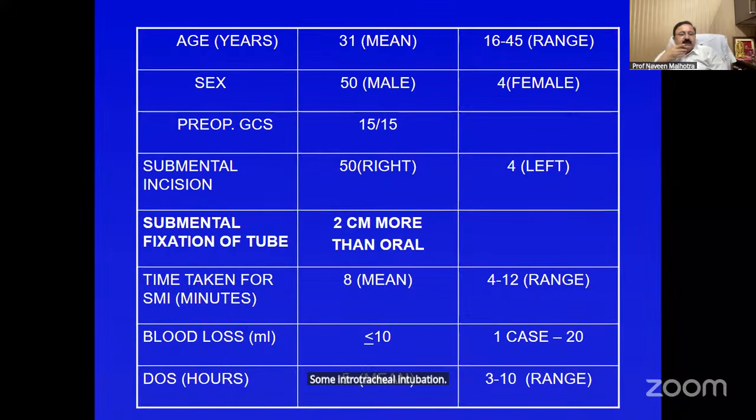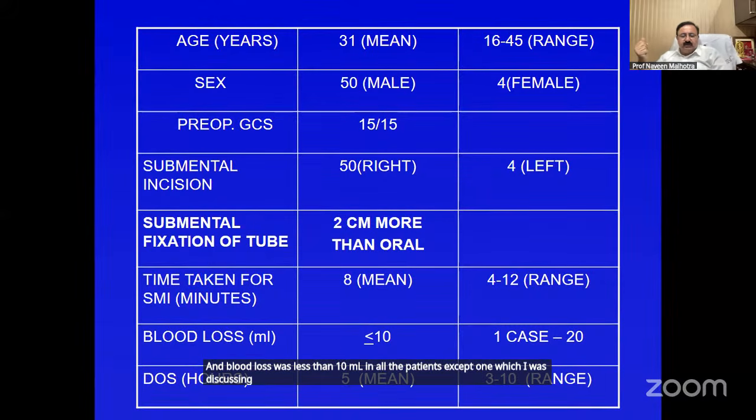The majority of the patients were young because of road traffic accidents, and the majority were males. Submental fixation of the tube was 2 centimeters more than oral. Just like retromolar, it also takes a curve. The total duration took 8 to 10 minutes, and blood loss was less than 10 ml in all the patients except one, which I was discussing. It was 20 ml. And the mean duration of surgery was 5 hours.